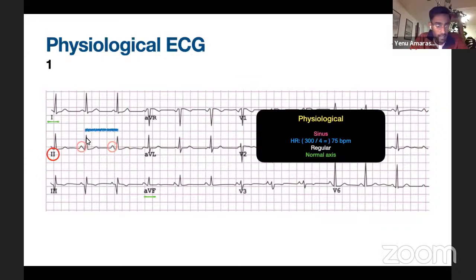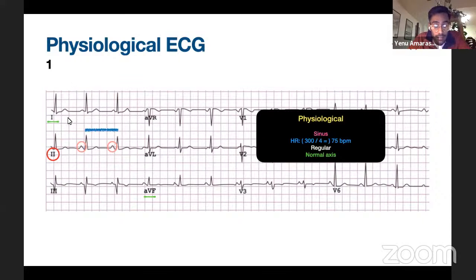As you can see, this R wave is slightly into this first box, so you go 1, 2, 3, and 4. That's 4 boxes, so it's 300 divided by 4, and that's 75 beats per minute. It seems regular because there is no real change in the distances in between.